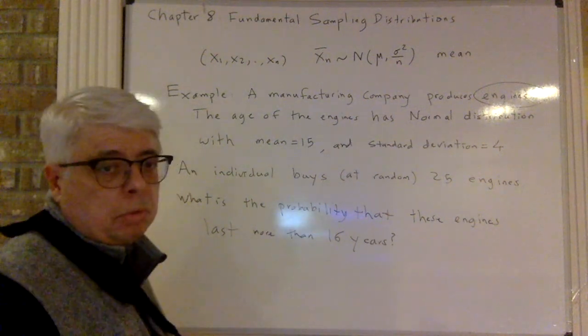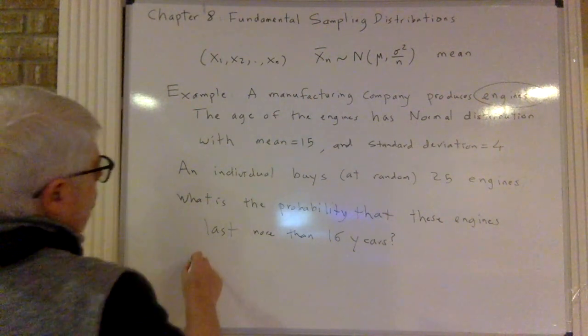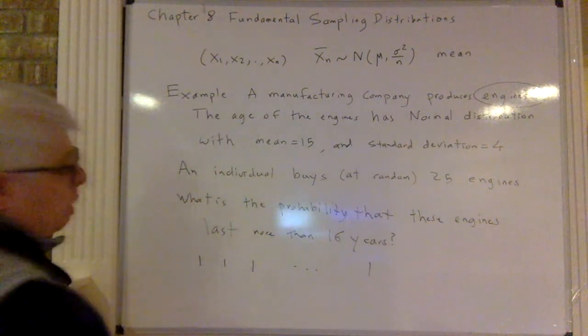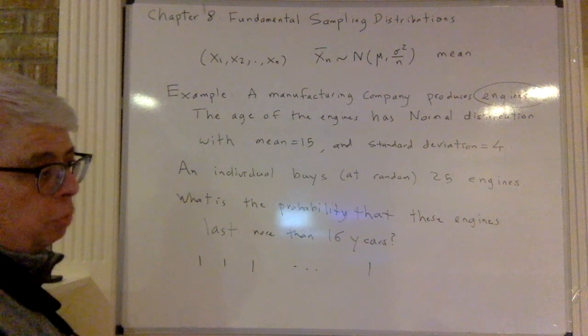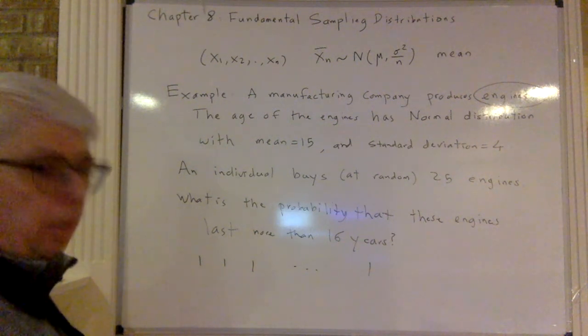So that 25 is like the Xi's, X1, 2, 3, 4, 5. He chooses each one, so he has 25 engines. Well, I mean, you're predicting here. Otherwise, you have to wait many, many years to see when they die.